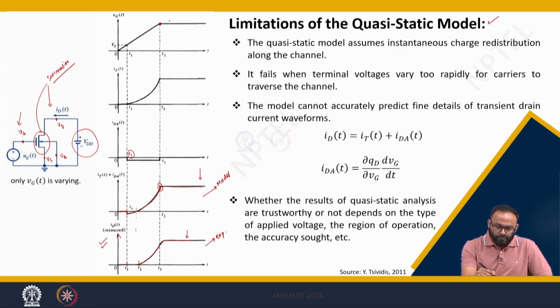We need to compare these two results to find out what the difference is between modeling and the actual experiment. Let's start from the applied voltage. We are changing the gate voltage very slowly, that is, we are taking a ramp function with some rise time of Tr. It is clear that the current will start after this Vt voltage, meaning only when the gate voltage attains the threshold voltage does the current start.